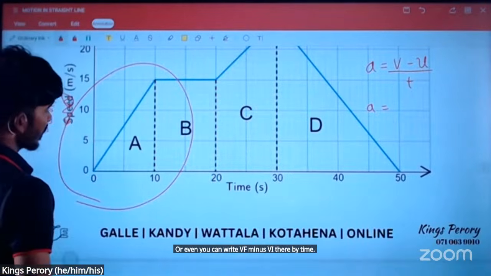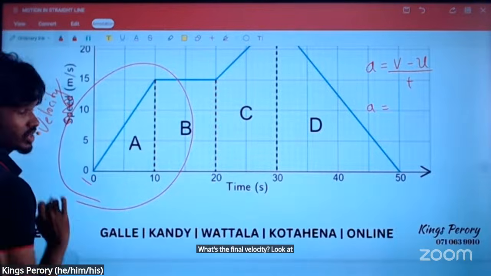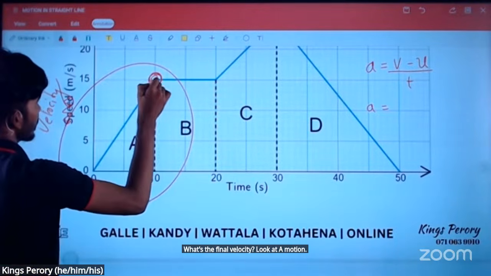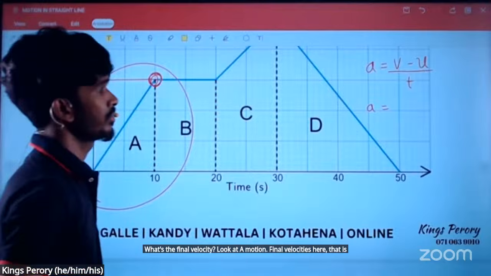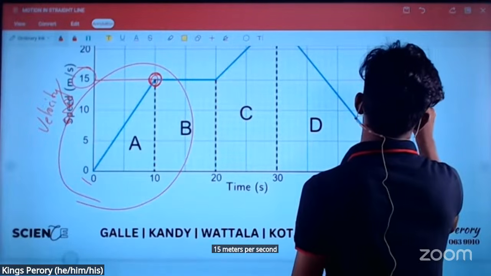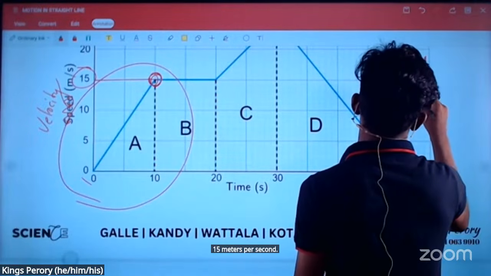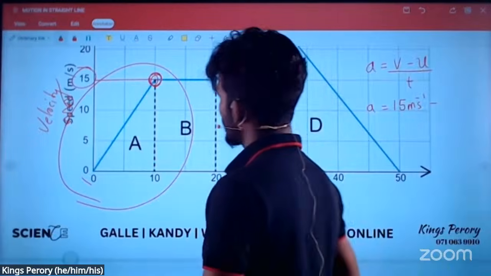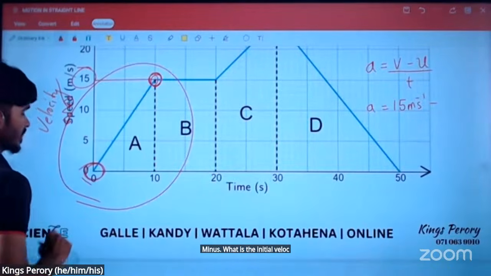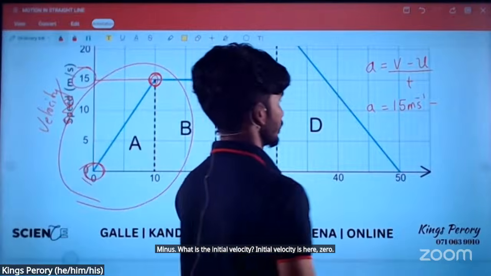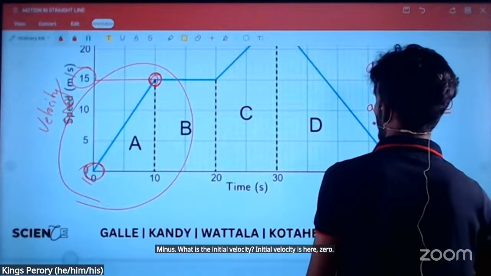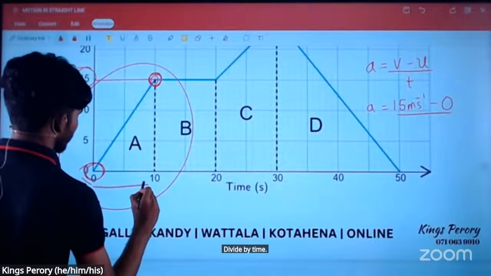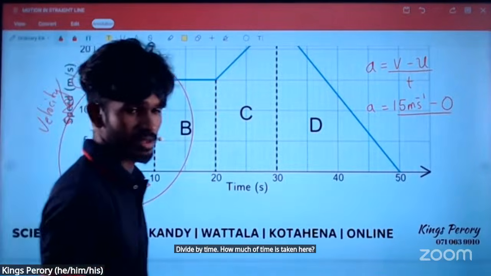What's the final velocity? Look at A motion. Final velocity is here, that is 15 meters per second. Minus, what is the initial velocity? Initial velocity is here, 0. Divide by time. How much time is taken here? 10 seconds.